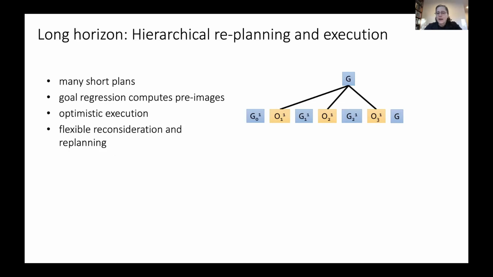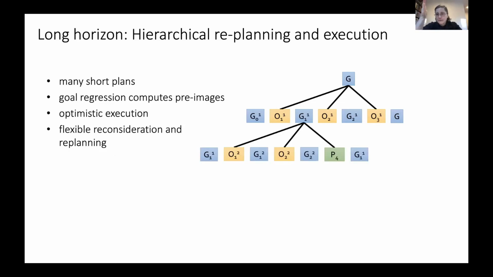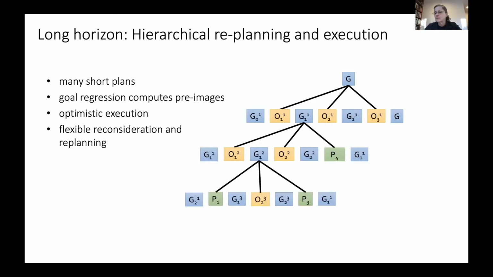But then rather than trying to refine the whole plan, we pick the first sub-goal in the abstract plan and just plan for that in more detail, and pick the first sub-goal of that and plan for that in more detail, and so on, until we have a primitive, let's say this P1 here, that we can execute.